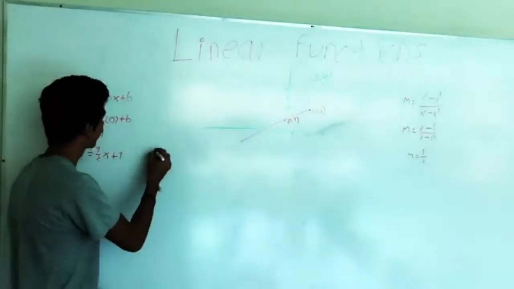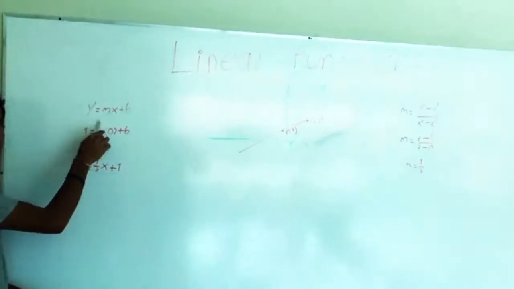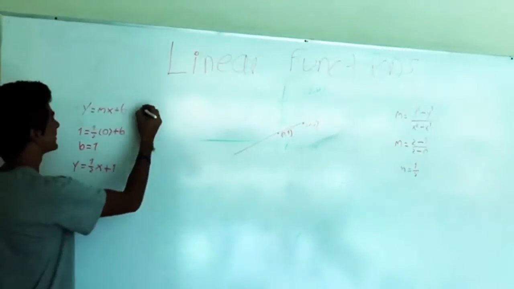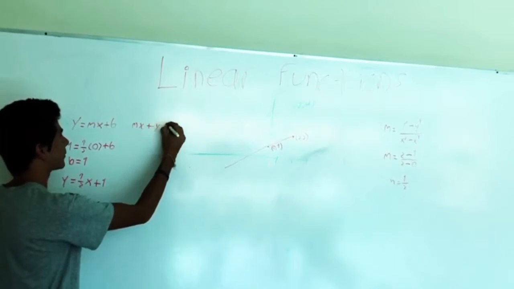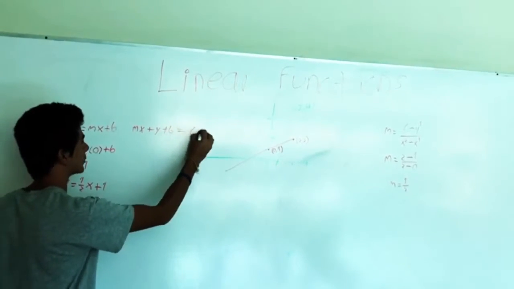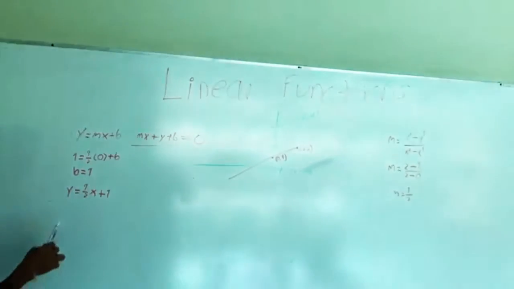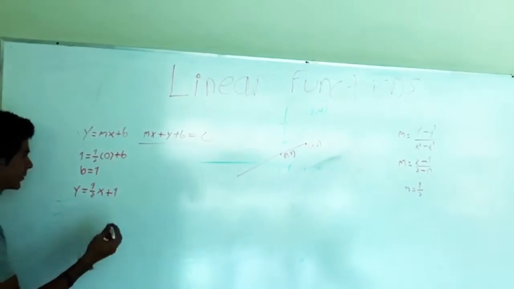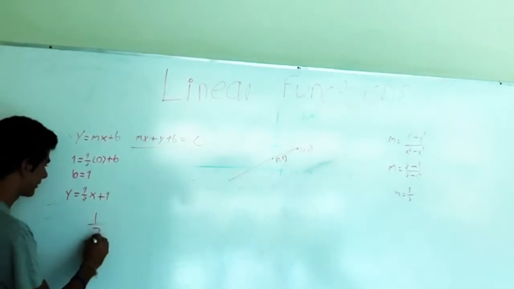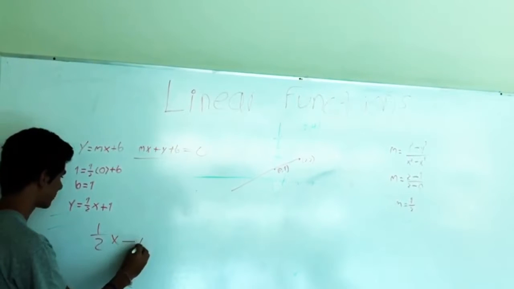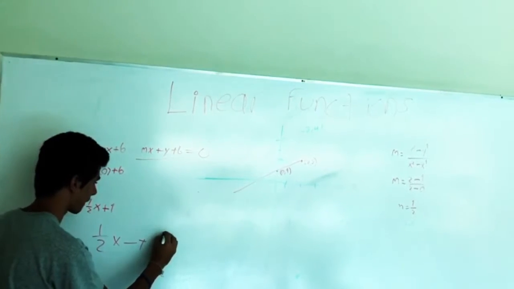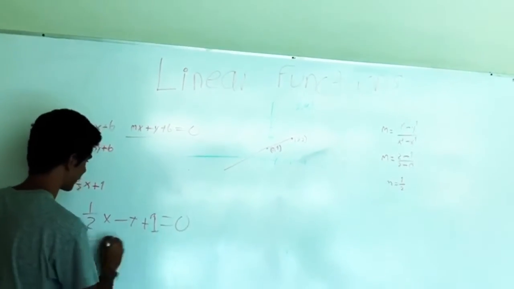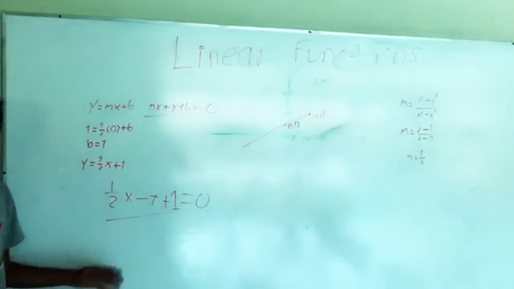We start from this formula, and the general formula is mx plus y plus b equals 0. So if we apply this to this, we get 1/2 x minus y plus 1 equals 0. So this is the general form.